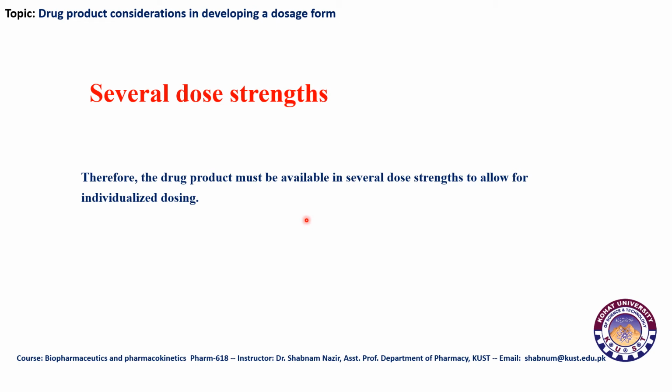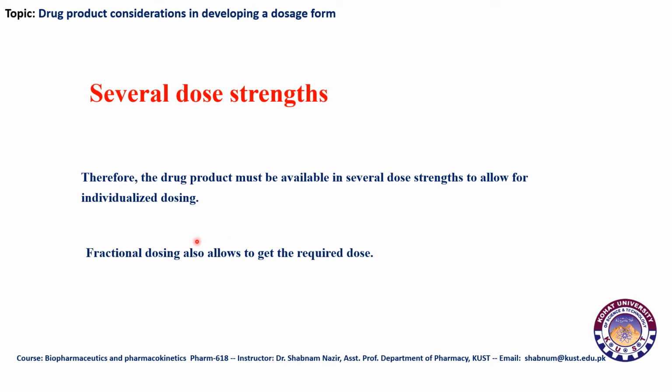For example, according to the personalized medicine concept, if a patient requires a separate sort of dose, then either there should be the option that a separate dose strength is available in that drug product, or another option which is now being frequently considered all over the world, that is fractional dosing. And what is this concept?